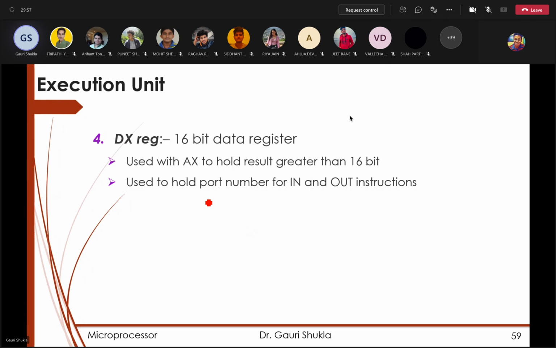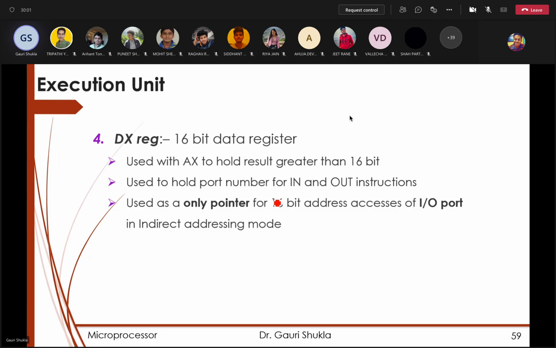It is used to hold either the port number for IN and OUT instructions, and also as a pointer for 16-bit address access of I/O ports in indirect addressing mode. So just remember, there is something called indirect addressing mode. Indirectly, I'm going to address the memory, or give the address of the memory location. That will be my indirect addressing mode.